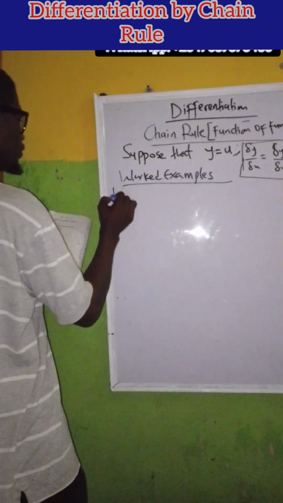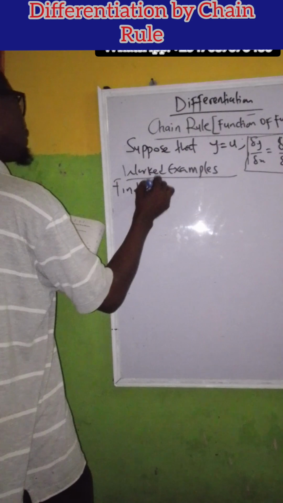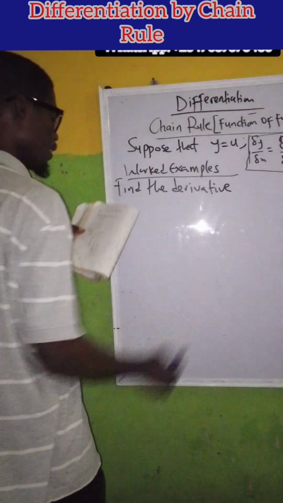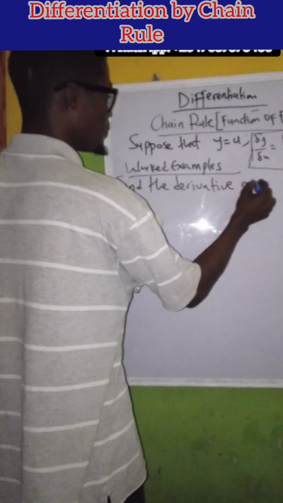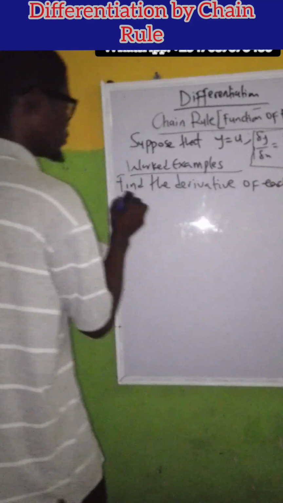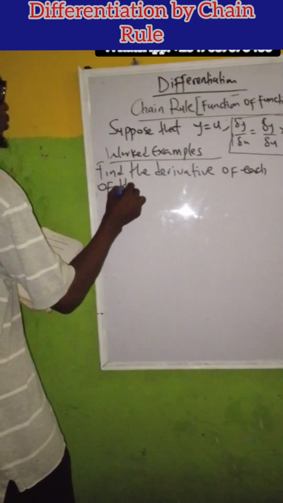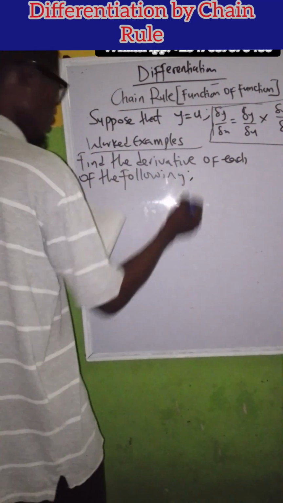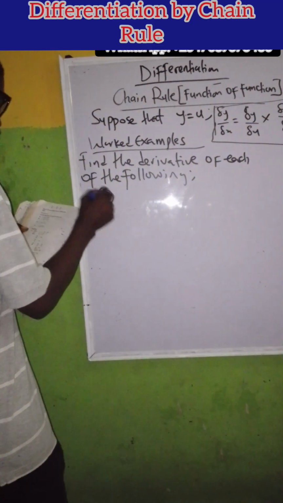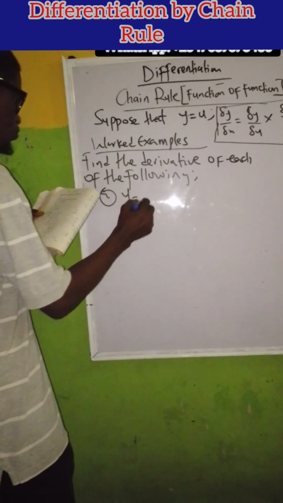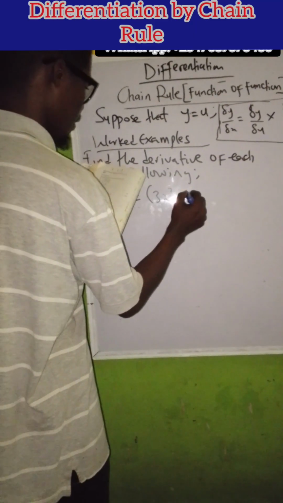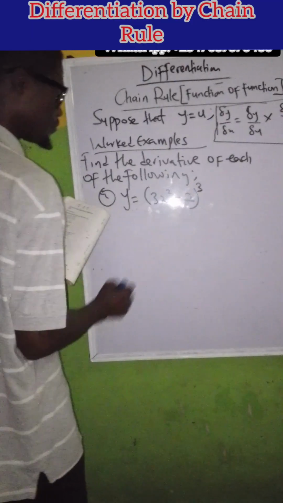So they said, find the derivative of each of the following. The first one, we have y equals (3x squared minus 2) raised to power 3.